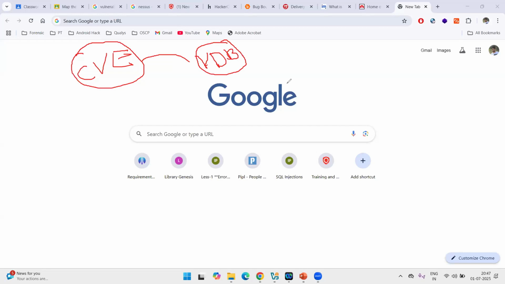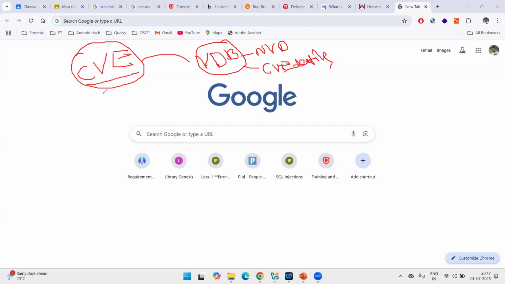So whenever someone identifies a vulnerability, if it is confirmed, a unique CVE is assigned to it, and that will be saved in the vulnerability database. Like we have NVD, the National Vulnerability Database. We have CVE Details. MITRE also we have. You can simply Google it and you will get it. You understand?